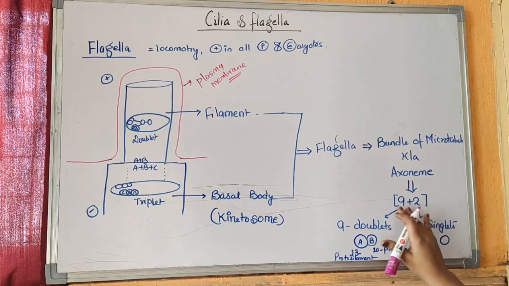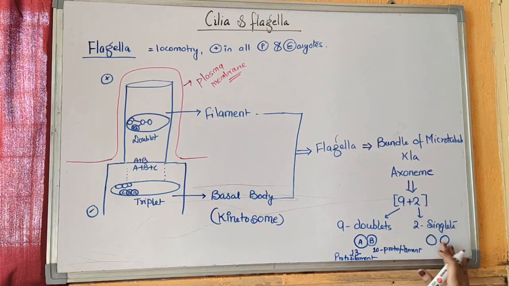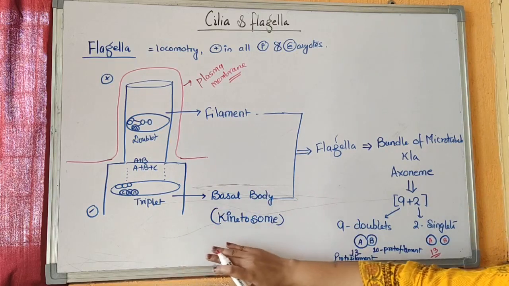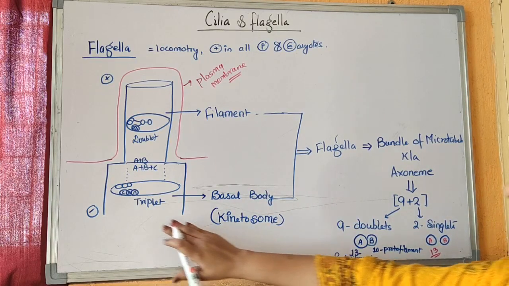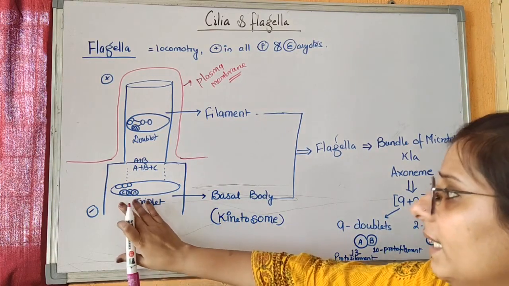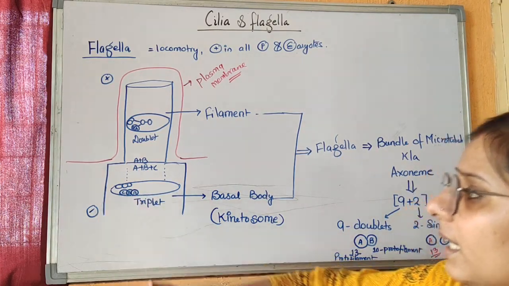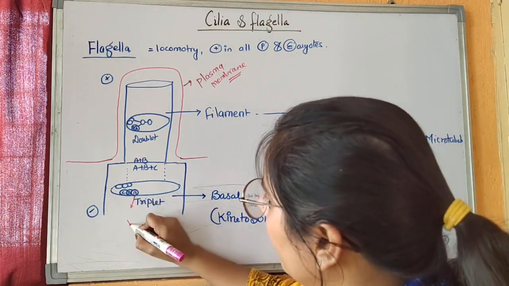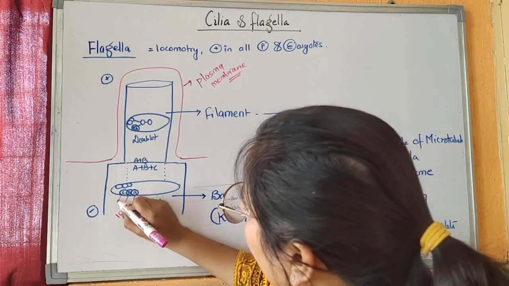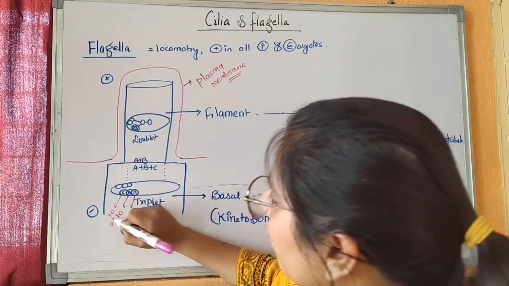The 9 plus 2 arrangement has two singlet structures, where 13 protofilaments are arranged forming two separate rings. The flagella has the basal body, forming the base of the flagella, made up of a triplet structure of microtubules, and it has A ring, B ring and C ring. The A ring has 13 protofilaments, while the B ring has 10 protofilaments and the C ring similarly has 10 protofilaments.